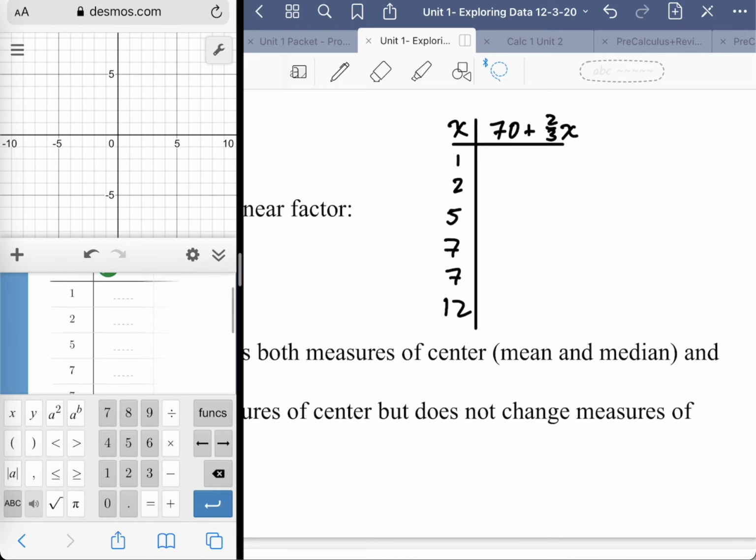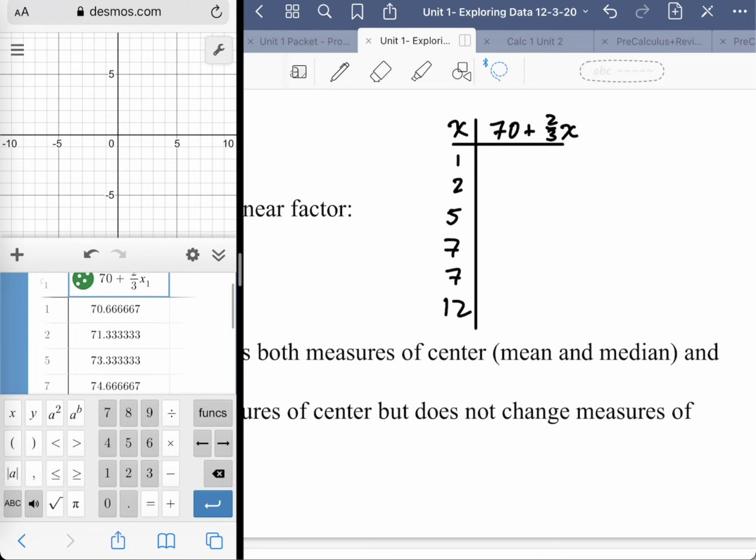I put in the values, and then in y1, I'll type in 70 plus 2/3, and instead of x, I'll say x1. So it'll give me all the transformed values.